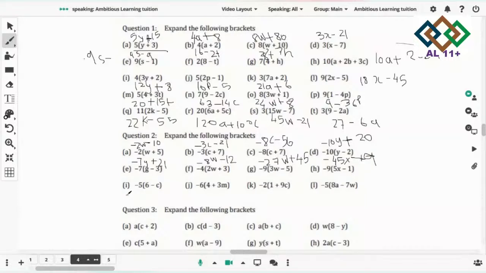And this one would be minus 30. Minus and minus becomes plus 5c. This one would be minus 24 minus 18m. Minus 2 minus 18c.